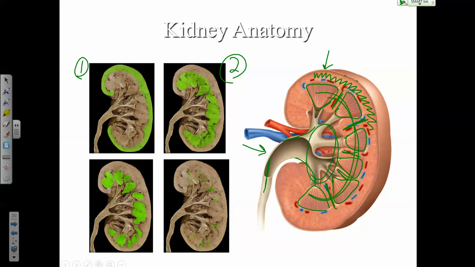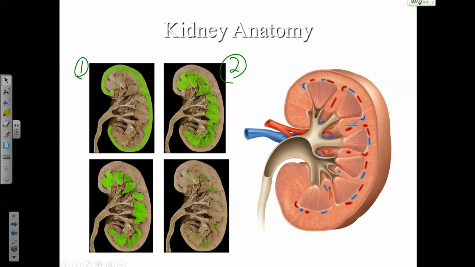And that empty space is called the renal sinus. Okay, a sinus is always some kind of space. Then I want you to notice the ureter itself inside the sinus. Do you see how here it's expanding? So this general area of the funnel-like structure of the ureter is called the renal pelvis.